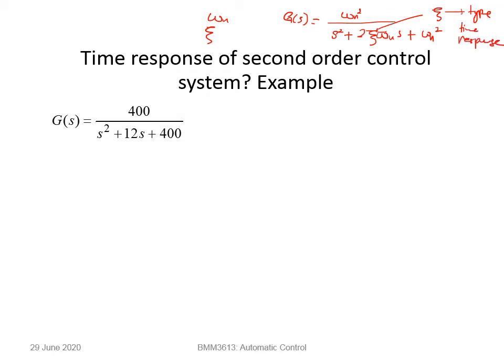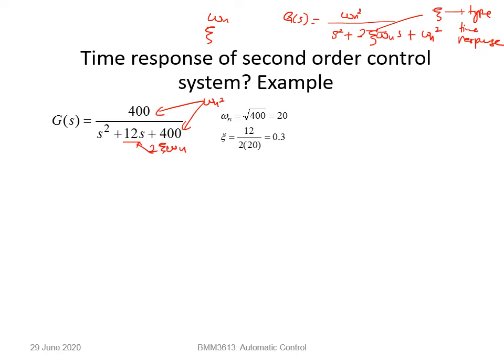So let's do this for this example. We have 400 over s squared plus 12s plus 400. Is it written in this form? Yes, it is, with 400 being the omega n square and 12 being the 2 zeta omega n. So we can deduce that omega n is the square root of 400, which is 20. And if you want to find zeta, it is 12 divided by 2 divided by omega n.